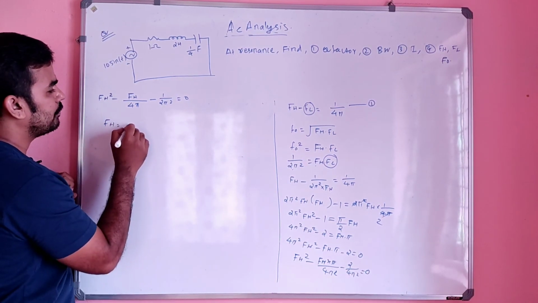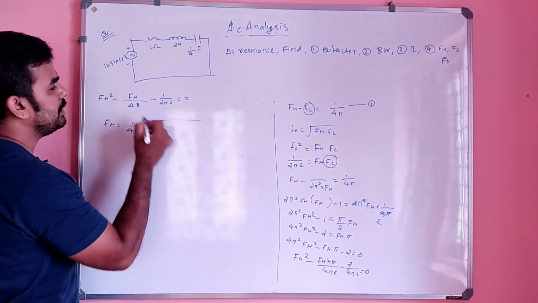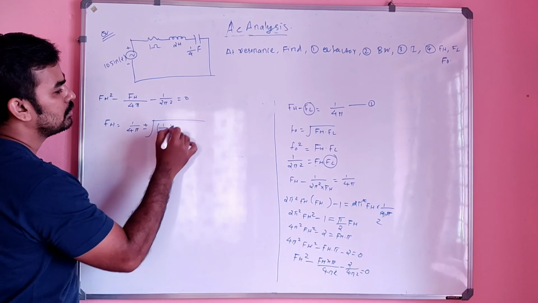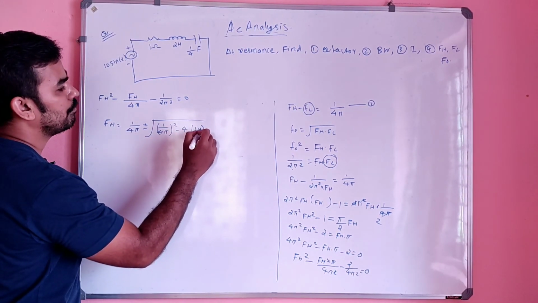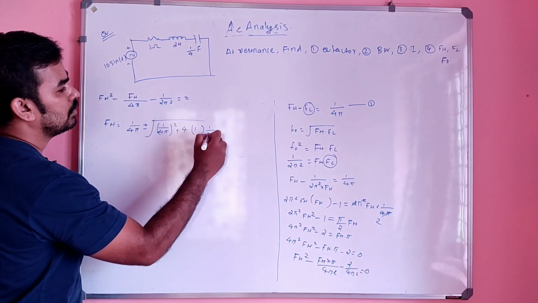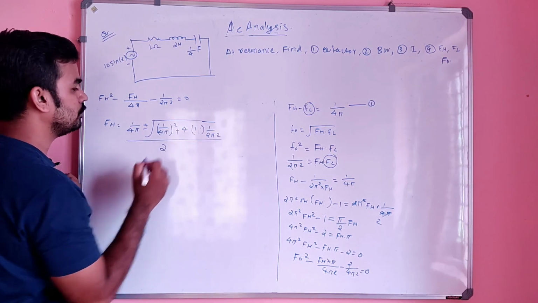Minus B, that means 1 by 4 pi, plus or minus root of B square, 1 by 4 pi square, minus 4 into 1 into C, that is plus 1 by 2 pi square, whole divided by 2.